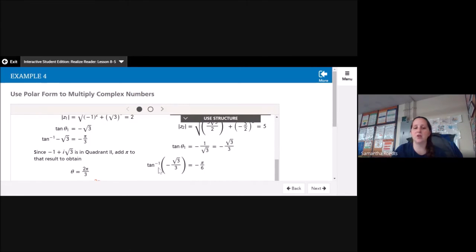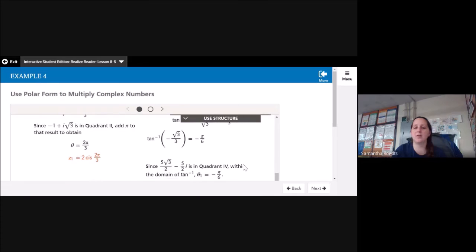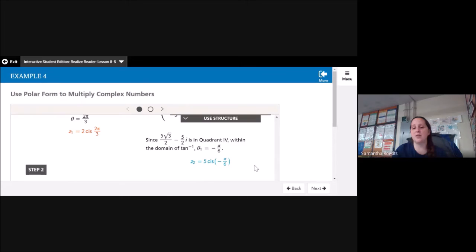The inverse tangent of negative square root of 3 over 3 is negative pi over 6. Since 5 square root of 3 over 2 minus 5 halves i is in quadrant 4, within the domain of tangent inverse, theta sub 1 equals negative pi over 6. So z sub 2 equals 5 cis negative pi over 6.